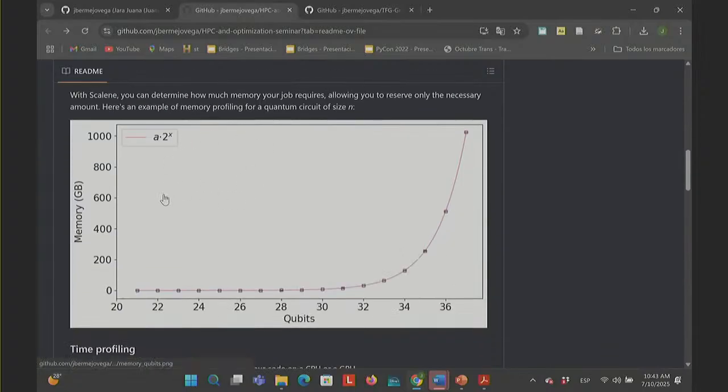And she measured, for instance, that the cluster that we have now, one single EPYC node with 1.5 terabytes of memory, can simulate up to 37 qubits for random quantum circuits that are deep. Before we started optimizing the cluster, people were not getting over 20.